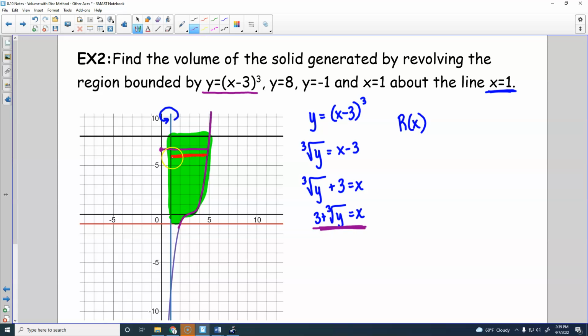So to get that red distance right there, I take my equation in terms of y, 3 plus the cube root of y, and I have to subtract out this little piece right here, which is 1. Where this is our big R.